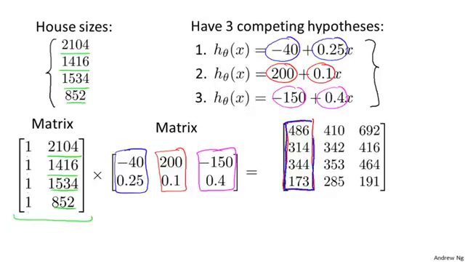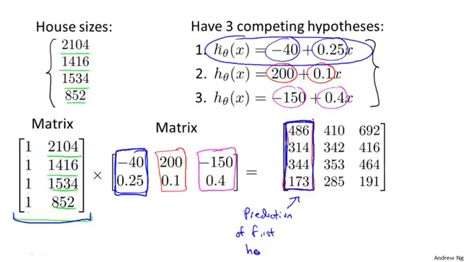well, how do you get this first column, right? Our procedure for matrix-matrix multiplication is, the way you get this first column is you take this matrix and you multiply it by this first column. And we saw in the previous video that this is exactly the predicted housing prices of the first hypothesis, right, of this first hypothesis here.